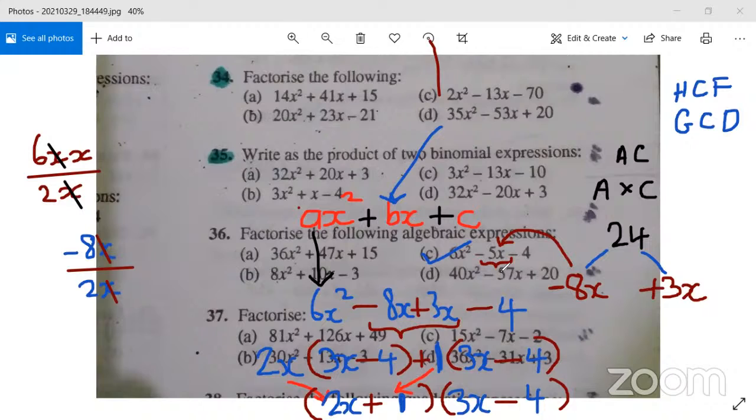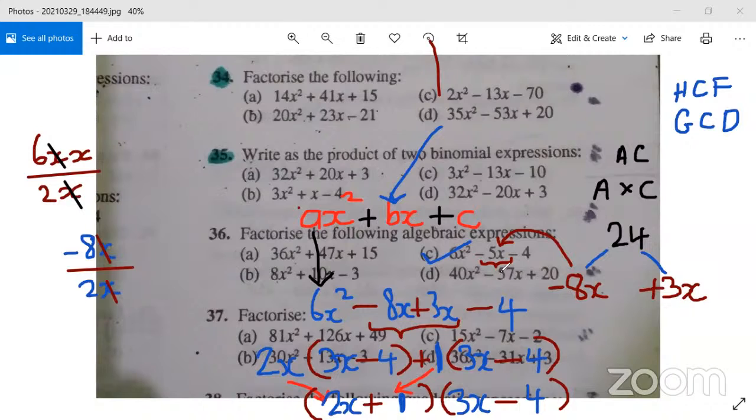So factorizing, if we're going to simplify it, is the division to the multiplication that is the binomial expansion or the distributive property. The distributive property is the multiplication of it. The factorization is us reversing the process.